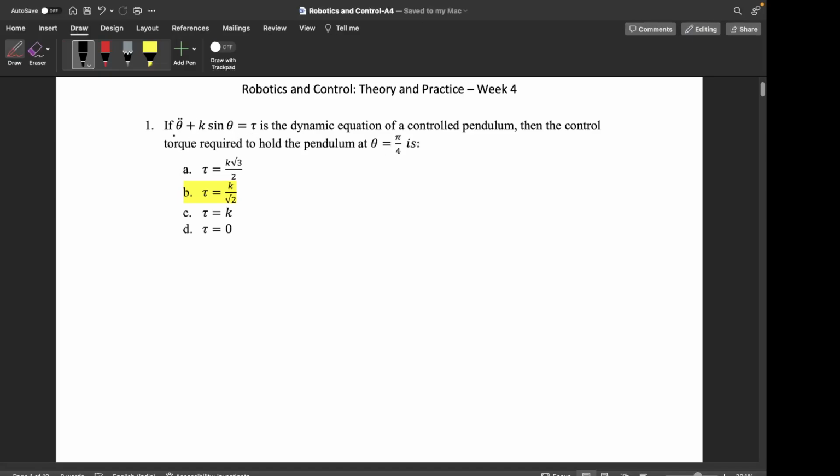So from the equation of motion, we know the acceleration and the position that are required to evaluate this expression, and then we can find tau. So since we want to keep the pendulum at the same position, we are holding the pendulum, right?